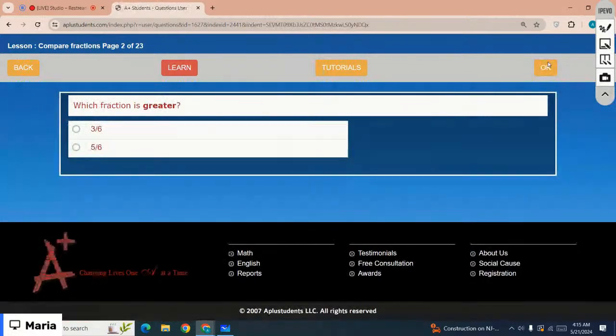Which fraction is greater, 3 sixths or 5 sixths? So which is the correct option?